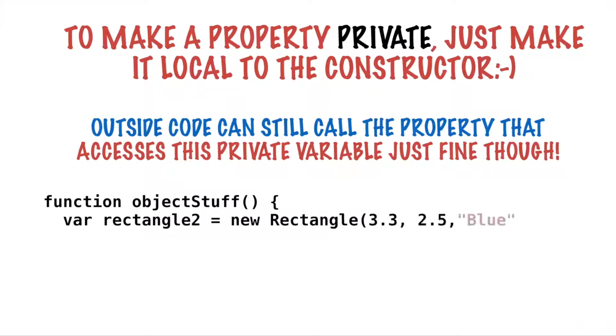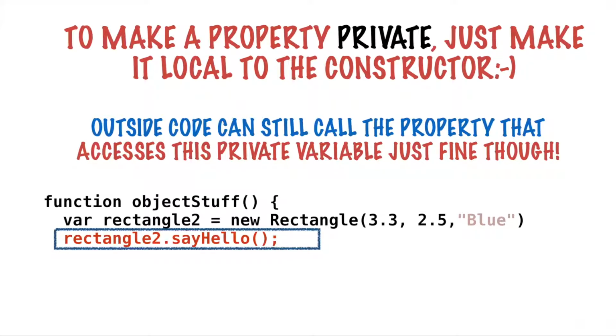So within the object stuff function, which lies outside of the object, we can call rectangle2.sayHello. This way, you're only accessing a public property, which is the sayHello function. That sayHello function calls the private var and prints it out to screen, uses console.log to print it out to screen.